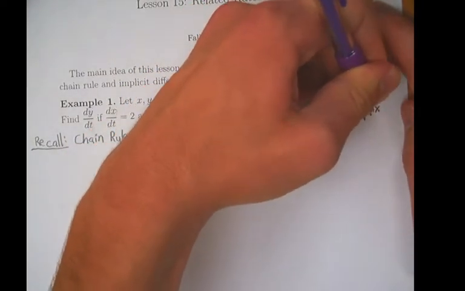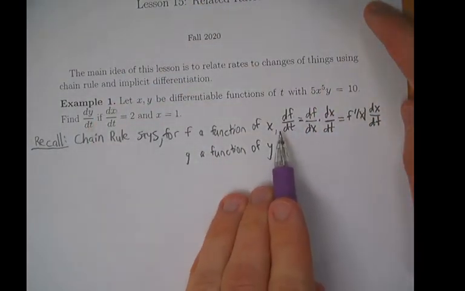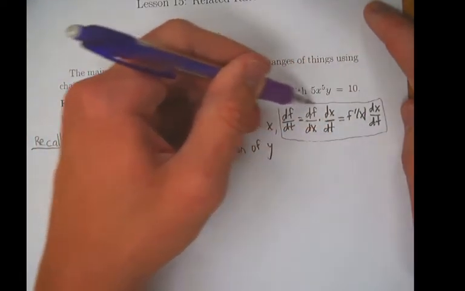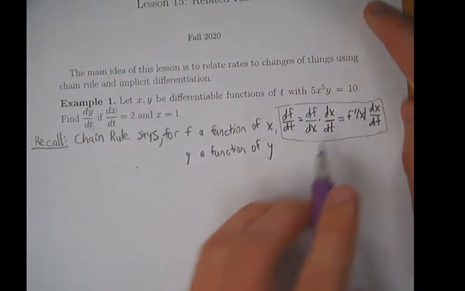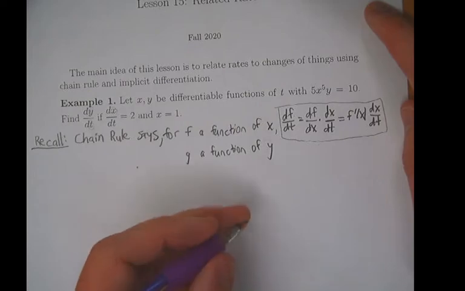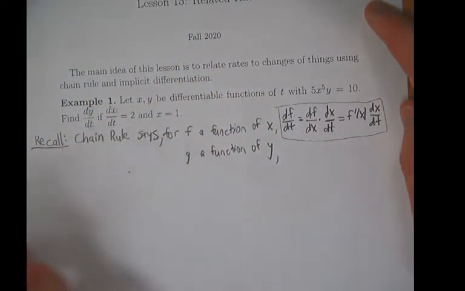times dx/dt. So what you'll notice is that this is basically the same asterisk rule that we had last time, just with different variables and notation. Aside from that, it's basically the exact same. And for g a function of y, it's going to be similar.